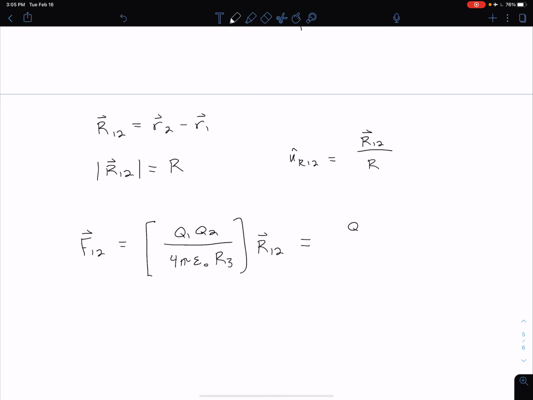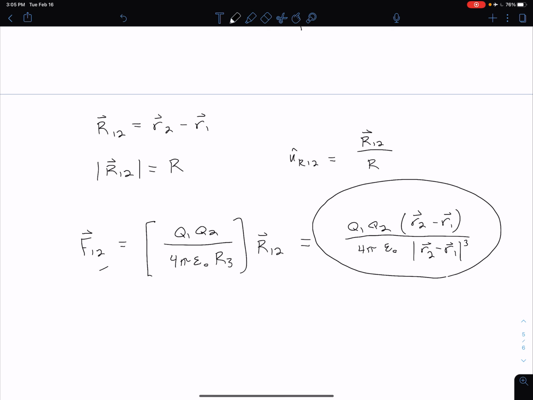So this is Q1 Q2, and then r2 minus r1, divided by 4 pi epsilon naught times the magnitude of r2 minus r1, cubed.